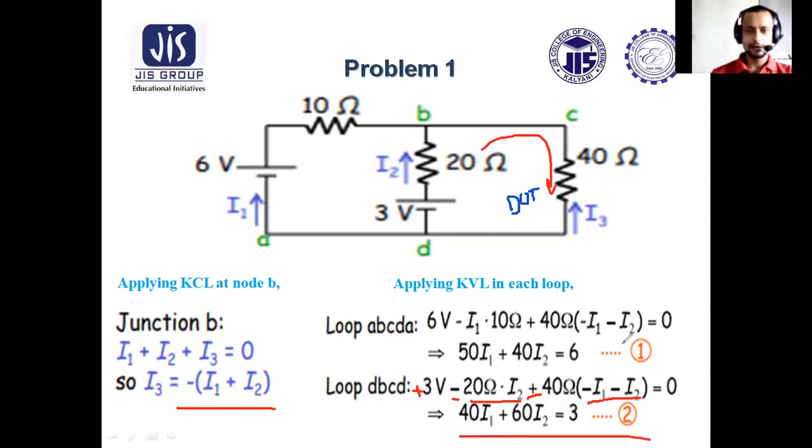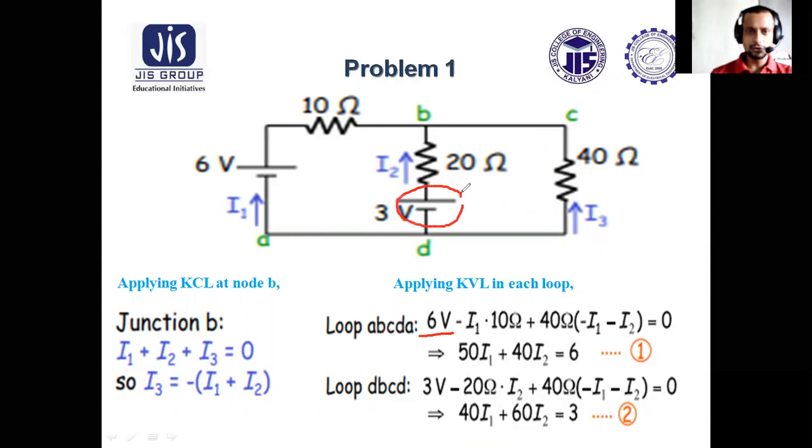Now remember, this has already been told in the last class that while you are assigning sign to EMFs, the sign to a battery, you don't need any direction of current. You just need the direction of travel.